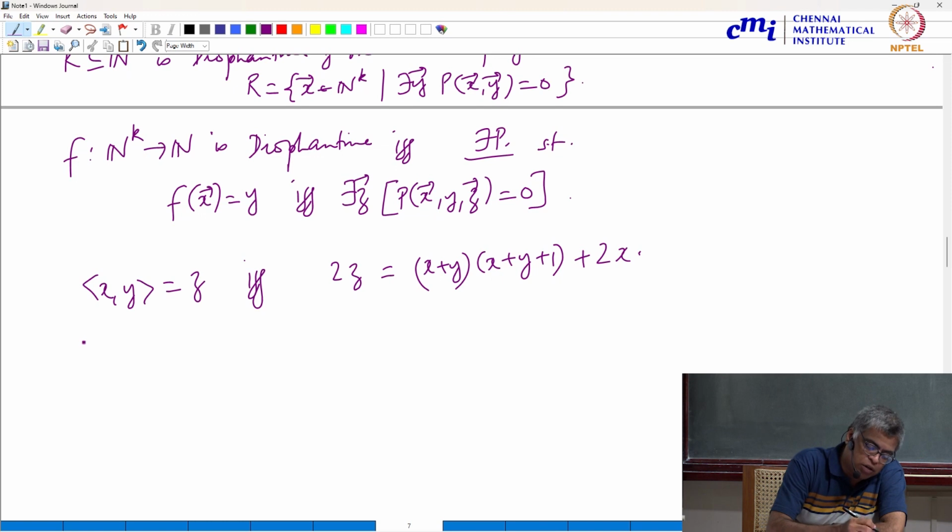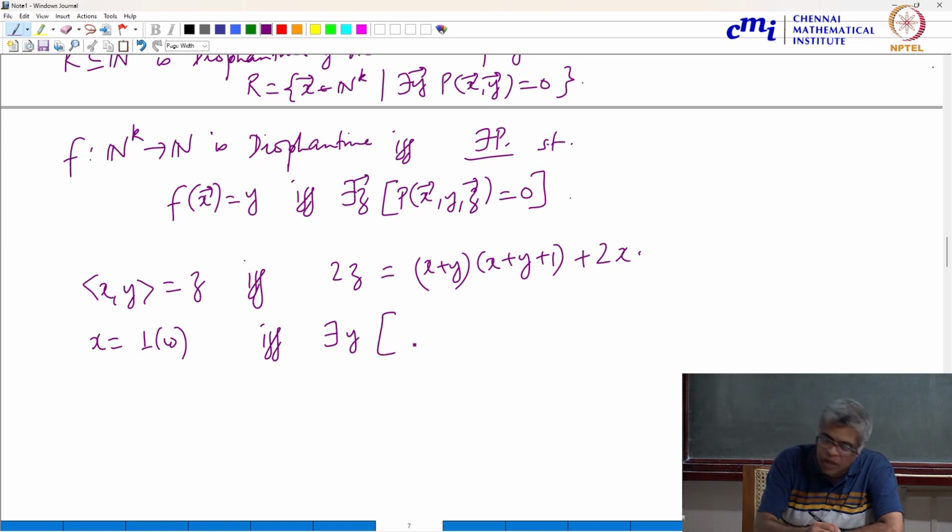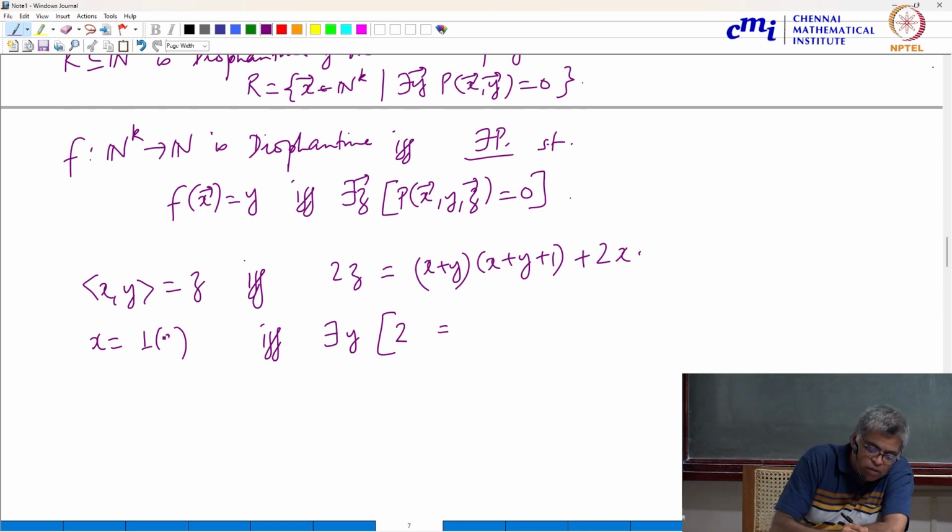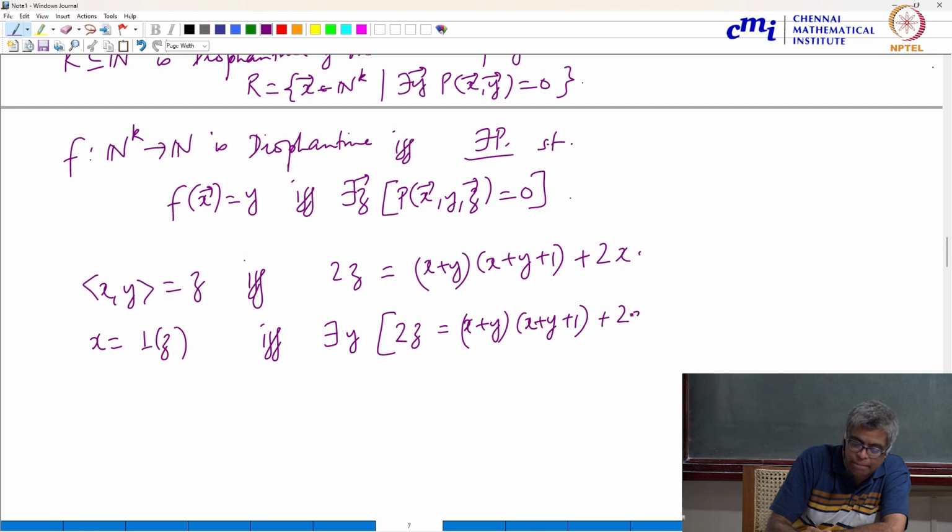When would you say that x equals LW? If and only if there exists y such that the same thing as above, just to be uniform, and y equals RZ.